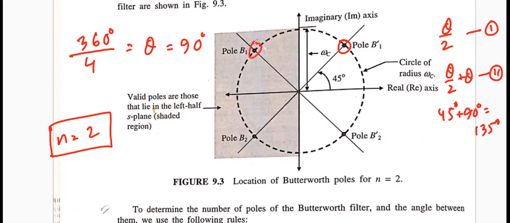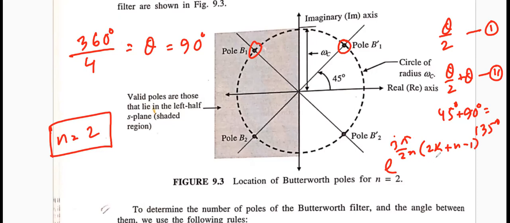You can also find this angle from the general equation. Again and again, we are writing this as e to the power j pi divided by 2n, and then 2k plus n minus 1.